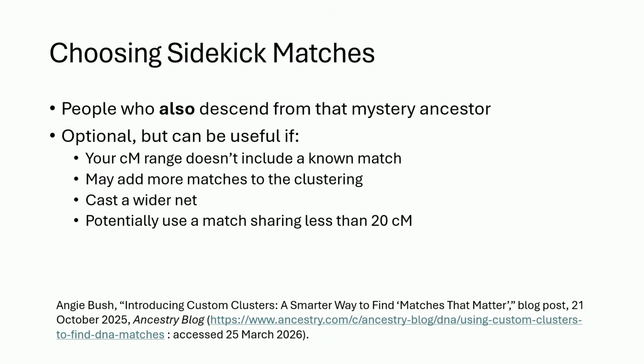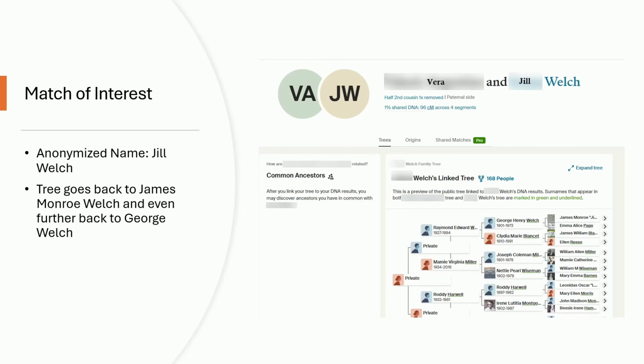This will help you cast a wider net. And you could potentially use a match sharing less than 20 centimorgans if that's outside your range. But I don't know if that's the best idea because it says in the instructions that it doesn't include people who share less than 20 centimorgans with each other, so that might not be a good idea.